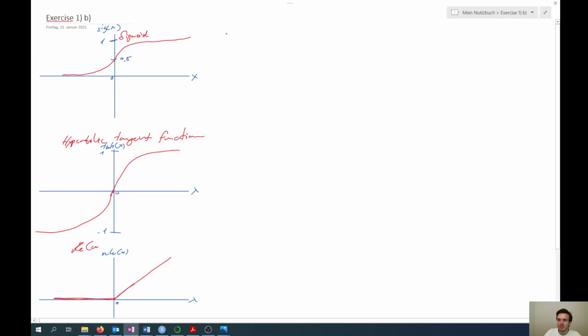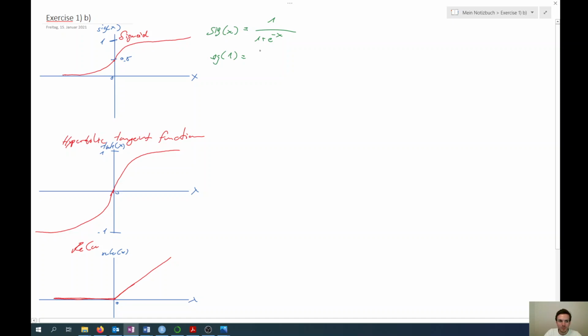So let's note down the equations. So the sigmoid equation is in a simple form 1/(1 plus e to the power of -x). So what happens if we plug in the first value, which is 1?